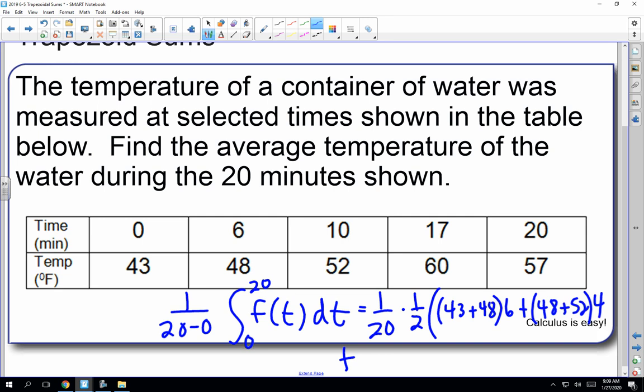Plus 52 plus 60 times 7. Plus 60 plus 57 times 3.